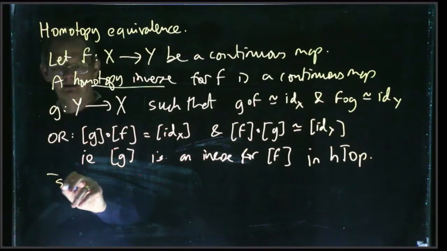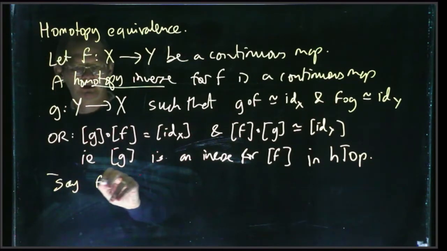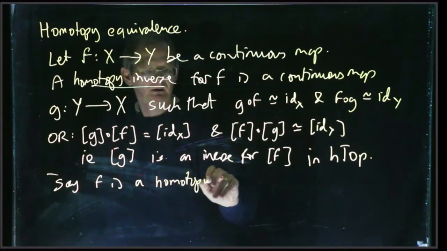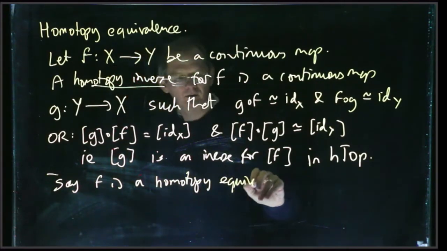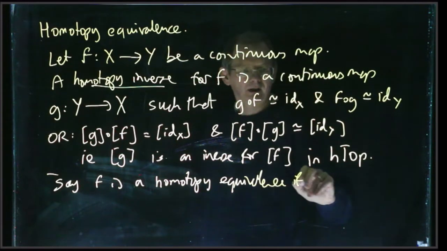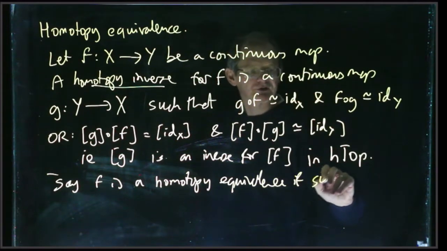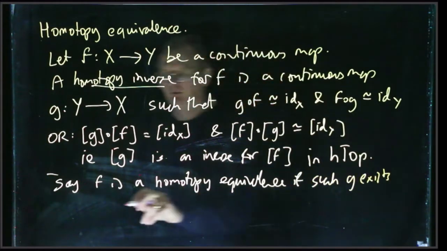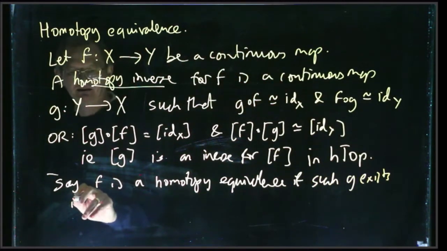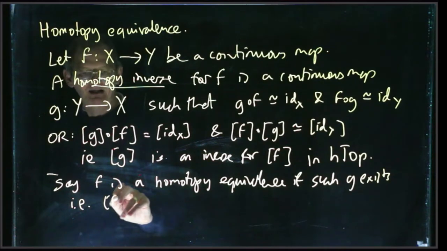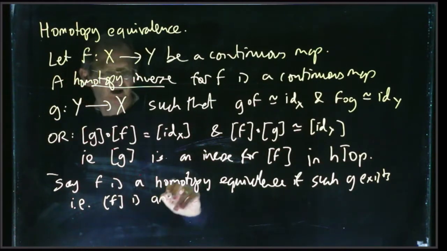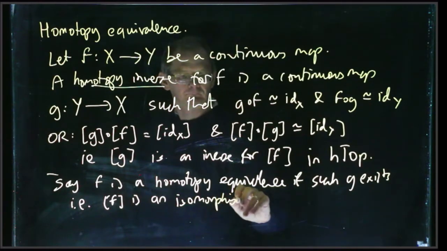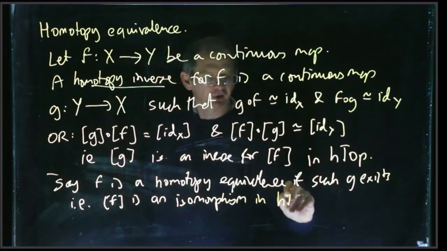And we say that F is a homotopy equivalence if such G exists, which is the same as saying square bracket F is an isomorphism in the category H-top.